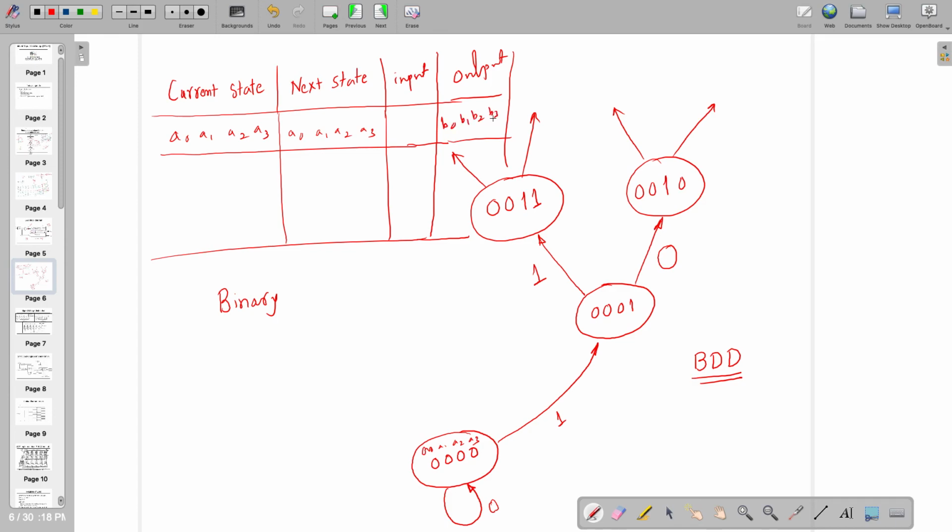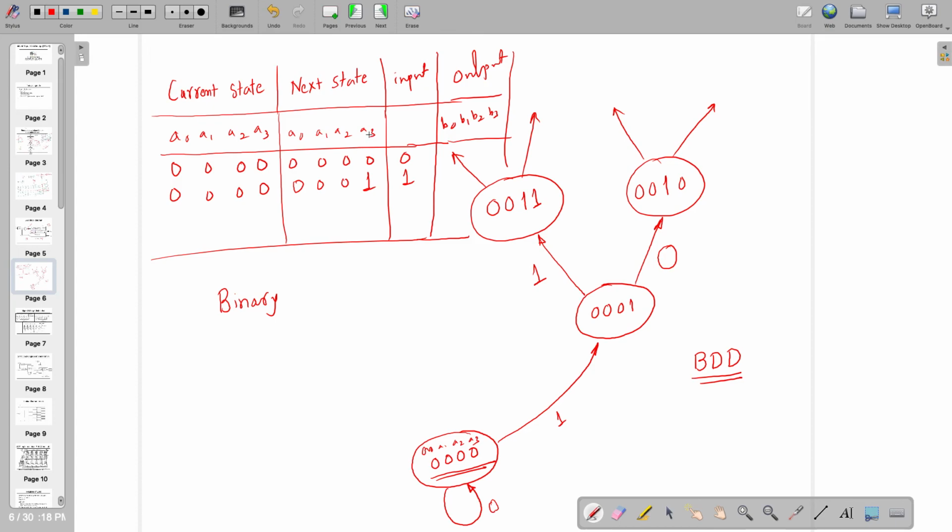Are you following this? So if the present state is all 0, and the input is 0, the next state stays at the same place. But if the present state is 0 and the input is 1, the next state changes to 0001.